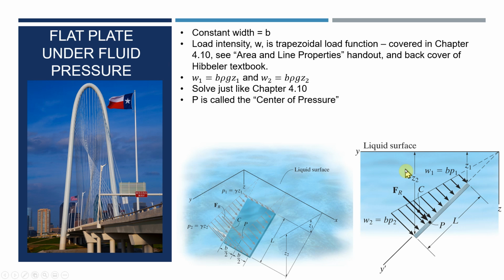Now let's look at different situations. This is a situation where the pressure does vary with depth. So you have a loading curve, a load intensity diagram. We're considering a constant width plate. Width is B. You figured out how to find the centroid, the line of action of a force, given this loading diagram in Chapter 4, just like Chapter 4.10 as a matter of fact.